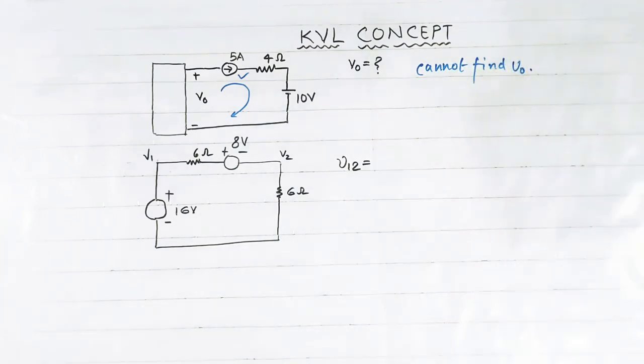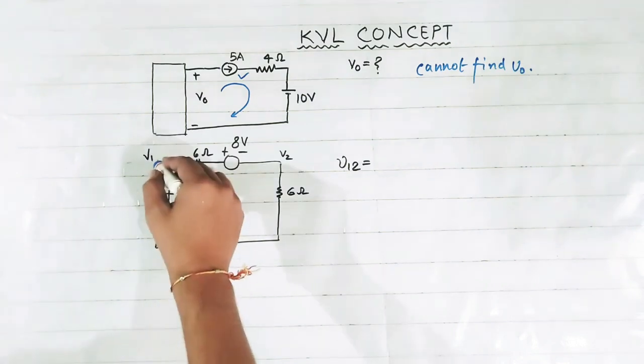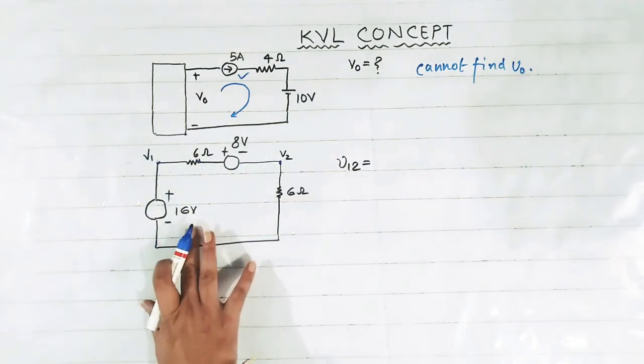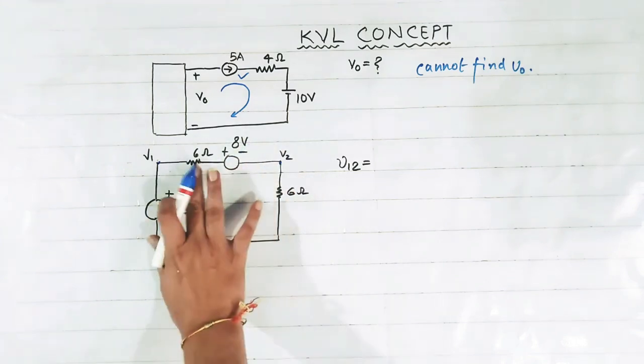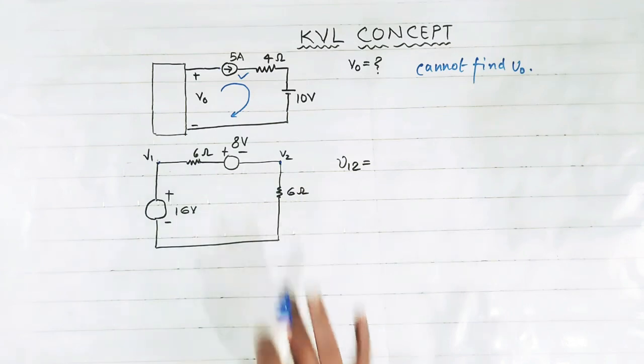Okay, so this is the first concept. The second concept is, this circuit is given. This is voltage V1 and this is voltage V2. This is a 16 volt voltage source, this is 8 volt, this is 6 ohm, this is 6 ohm. And we have to find voltage V12.